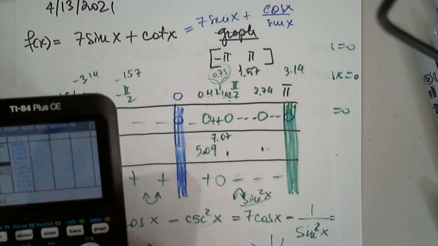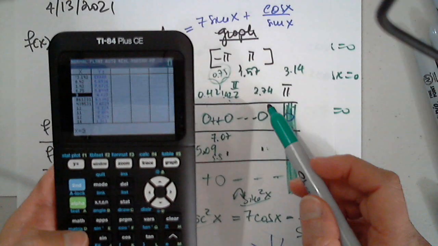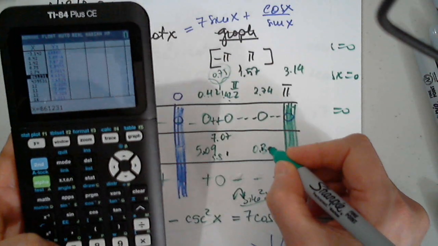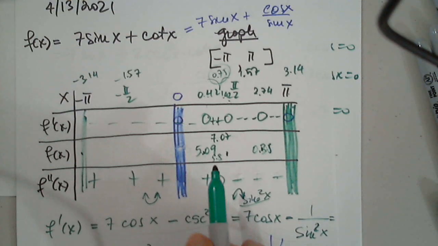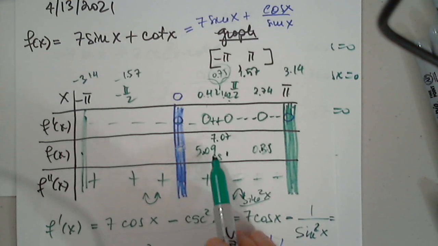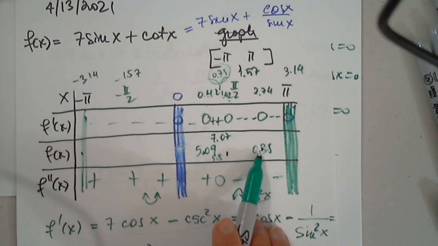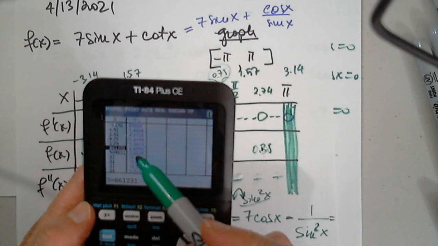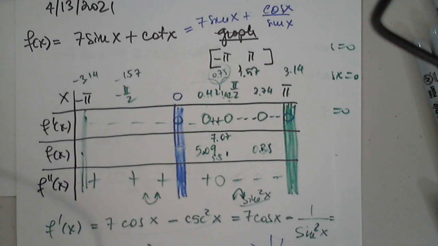With 0.75, yes, I get 5.8. So I'm okay there. Let's check with 2.74. Yes, okay. So I feel better, because the numbers I get are increasing from 5.09, 5.7, 5.8 to 7.07 here, and then after that decreasing to 0.38. Yes, 0.38. So I feel pretty comfortable with the numbers I got.